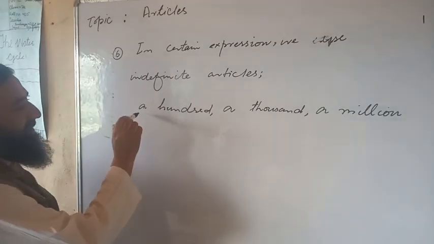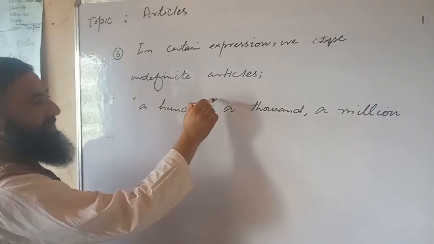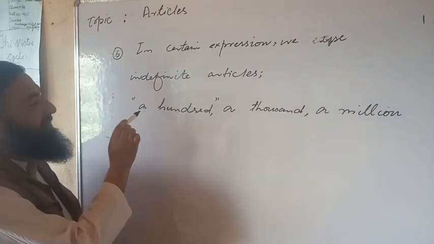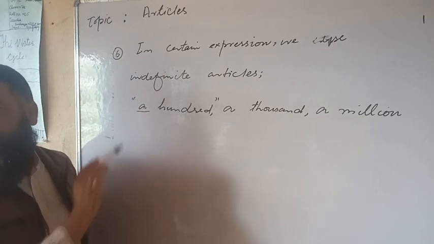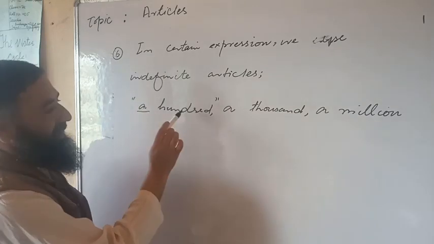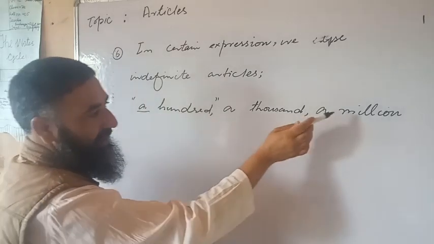If these numbers stand alone, then they take the indefinite article a before them. Are you getting me? Okay. This is a hundred, a thousand, or a million.